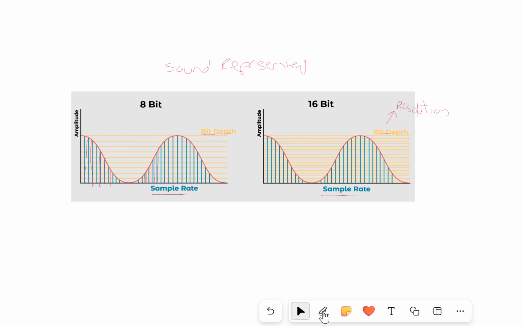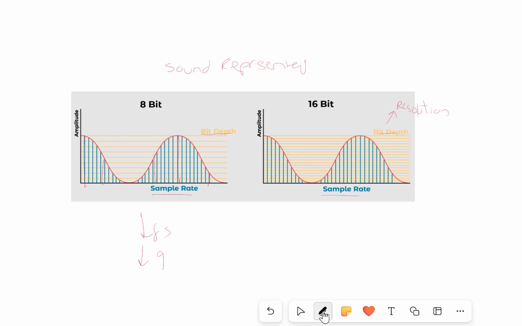If I was to decide, this is my sound, and I'm going to put a sample point here, and here, and here, and here, and here, you'll see there's not many sample points, so the sample rate will be low. That means the quality of my sound will suck. But file size will be quite small, but quality will also be down. So FS for file size, Q for quality.